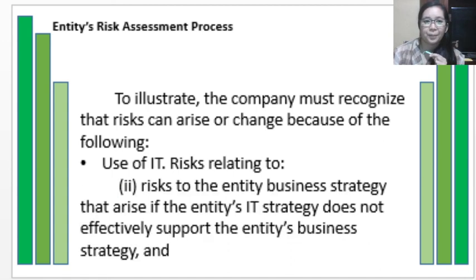Another is risk to the entity business strategy that arise if the entity's IT strategy does not effectively support its strategy. Meaning the technology does not fit with the strategy that the entity wants to implement. That will be a problem and a cost related problem as well.